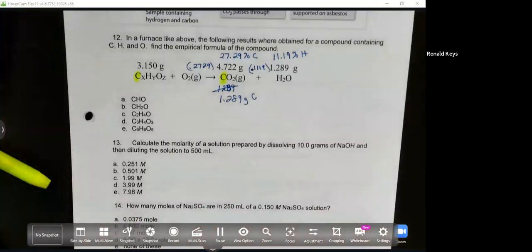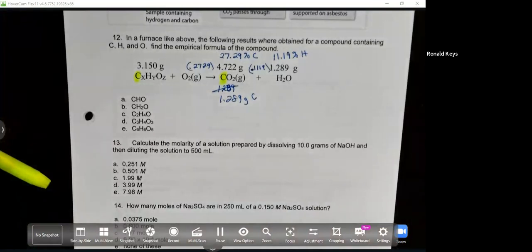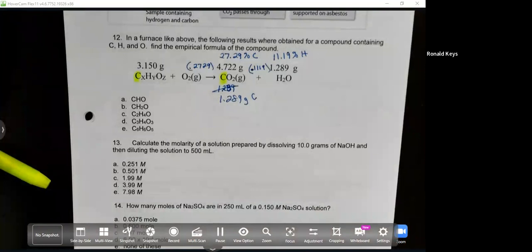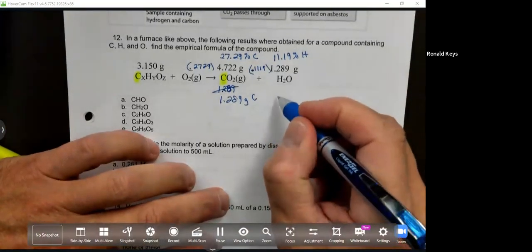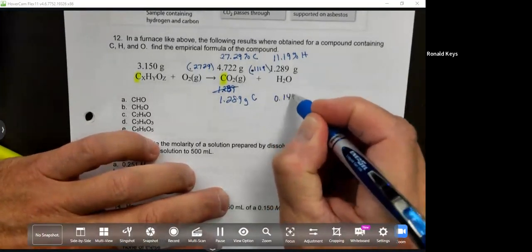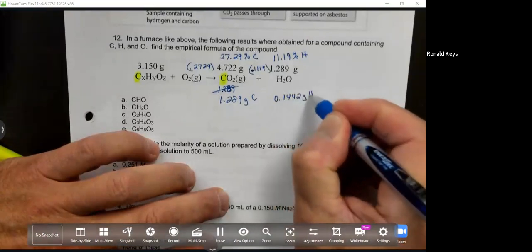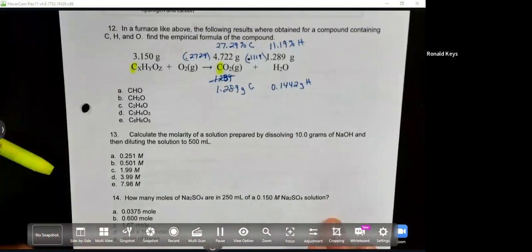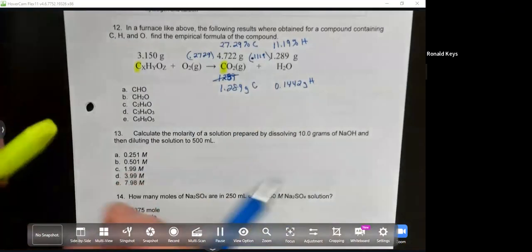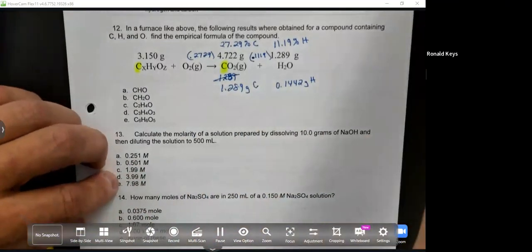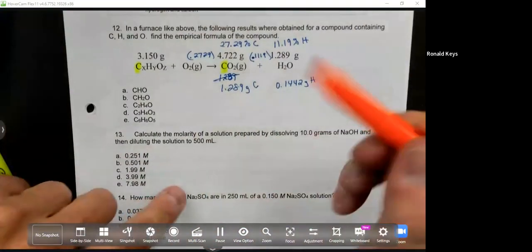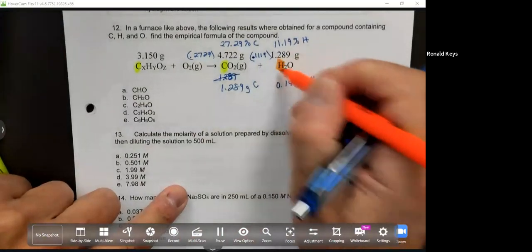How many grams of hydrogen? 0.1442 grams of hydrogen. Then I can take where my hydrogen comes from right here.